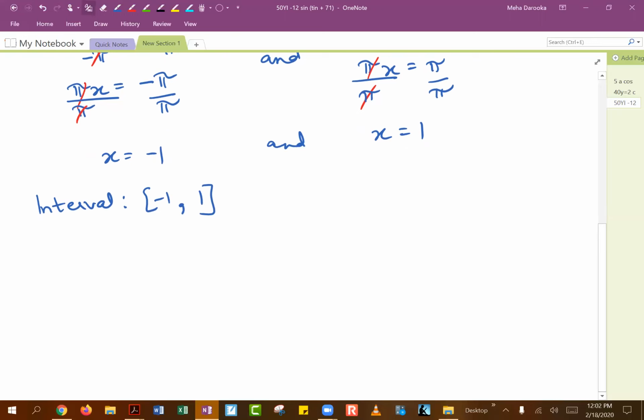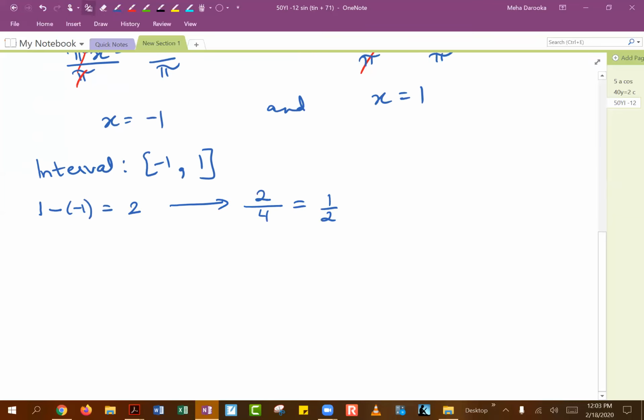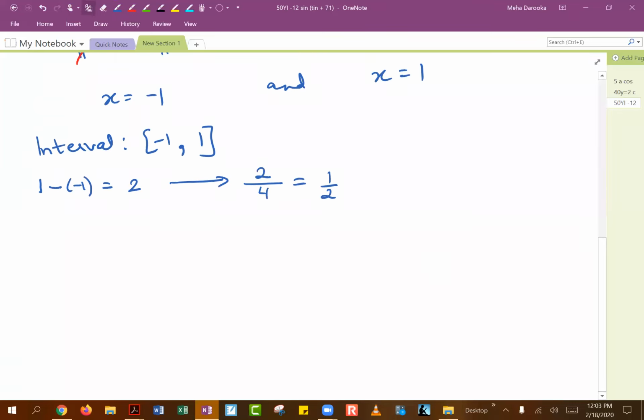Okay, so let's go ahead and subtract those. What do we get? So remember, you do 1 minus -1 will be positive 2. And then you take your positive 2 divided into 4 equal parts. Okay, so that means our points are going to be in the increment of half, right? So start with your leftmost endpoint, which will be -1.